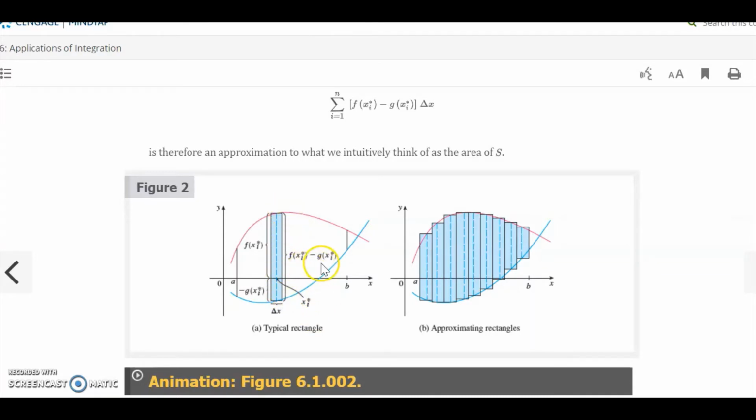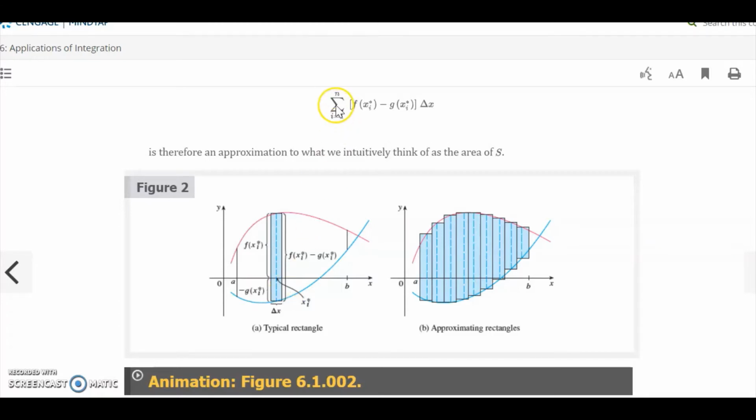So we're subtracting this area down here, and we get from this point all the way down to this point. So that's how you would calculate the area between the two curves.